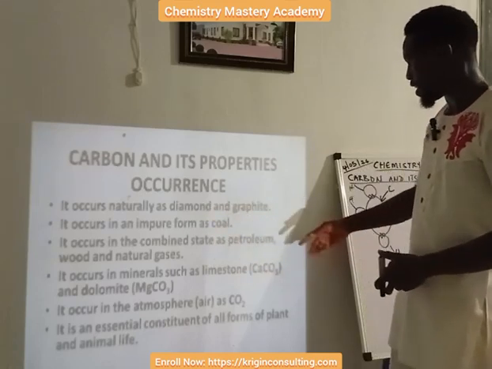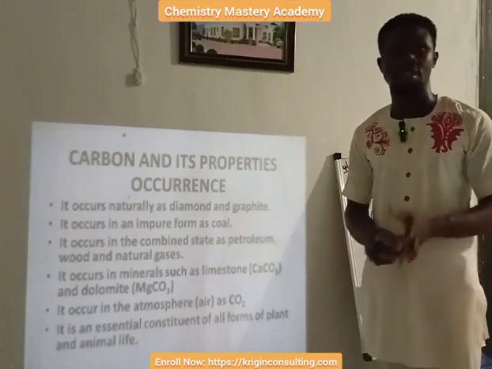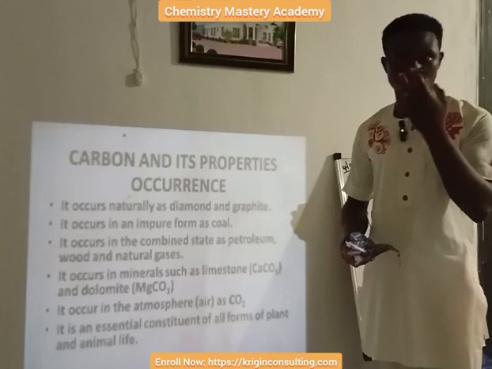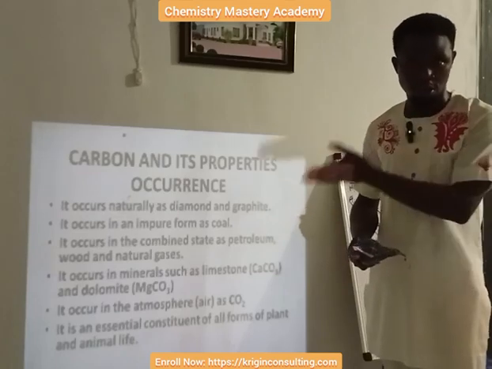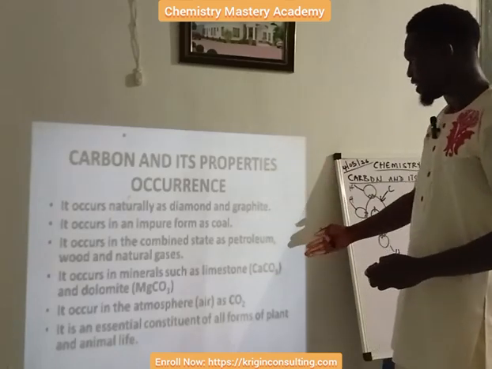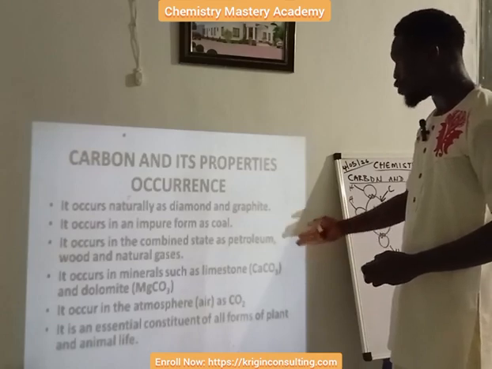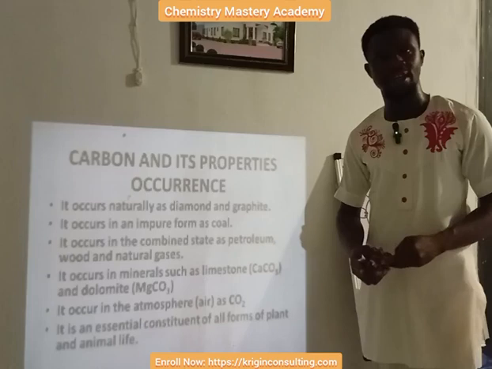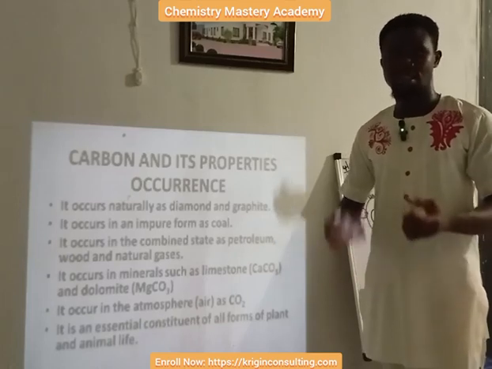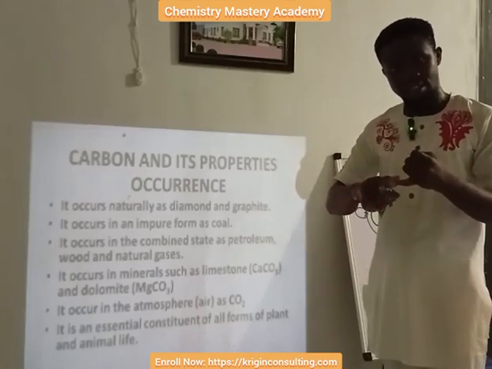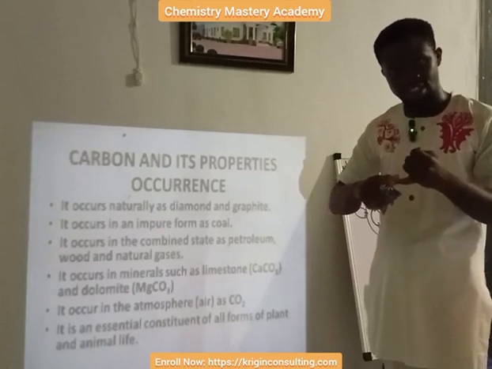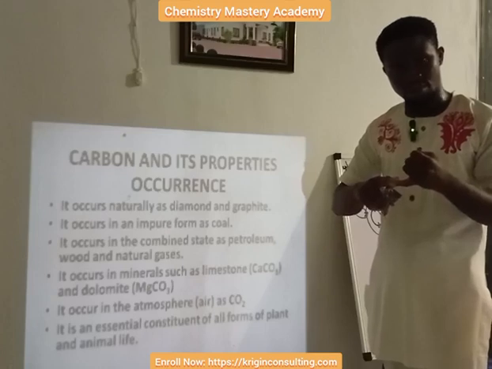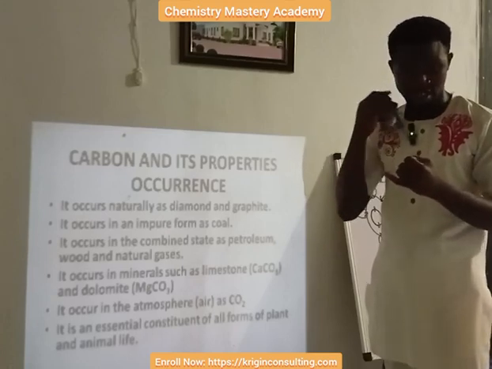Then it occurs in the atmosphere. Of course, we are all familiar with that. The air that we breathe out contains what? Carbon. We call it carbon dioxide. Then it is an essential constituent of all forms of plant and animal life, in the sense that plants need carbon in the combined form of carbon dioxide to actually survive.